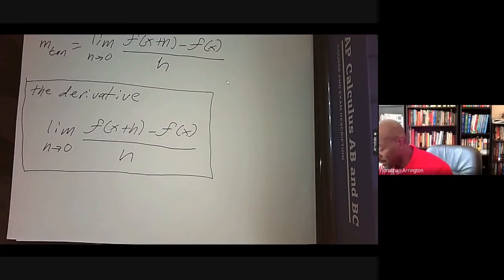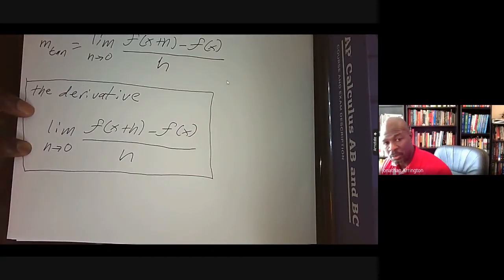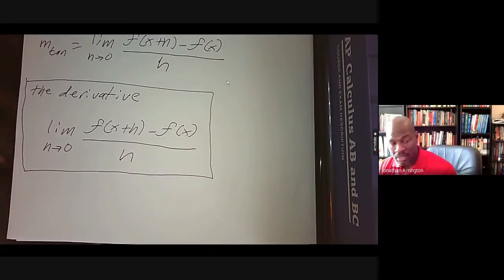But for right now, all it does is tell you the slope of a tangent line. So please keep that in mind. For right now, this formula is just going to tell me the slope of the tangent line of some function f of x. Later, it's going to tell me a whole lot of different things. So when you think about derivative, think about slope, and think about slope of a tangent line.